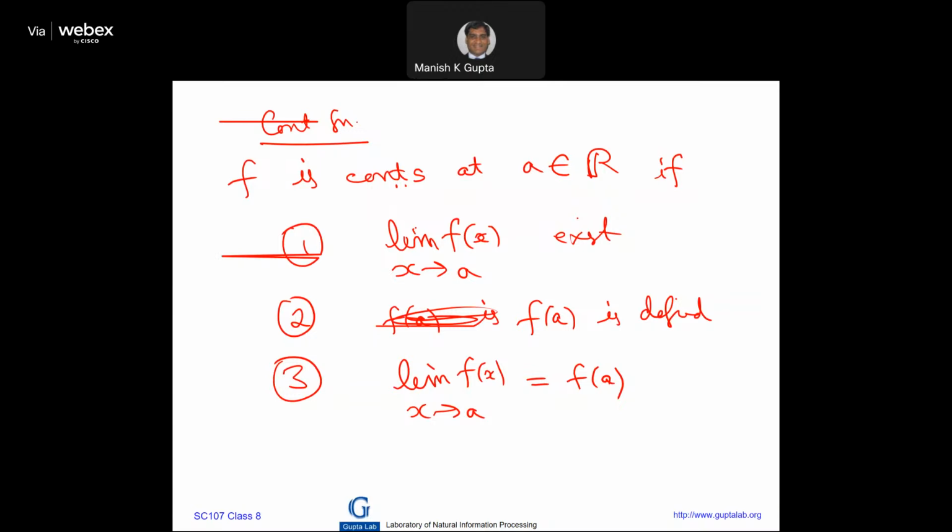So this modification you need to do. Second modification in the definition: earlier it was 0 is less than mod of x minus a less than delta. Now 0 will not be there because we need to define the function at x equal to a, because that is the second condition. Function should be defined. So that 0 will be dropped and you are left with mod of x minus a less than delta. This is how you can form the definition easily, right? Just modify it, because I'm using the same definition as before. The only thing is that now capital L is f of a, right? Okay, so we can easily form the definition. So let me write down the formal definition now.